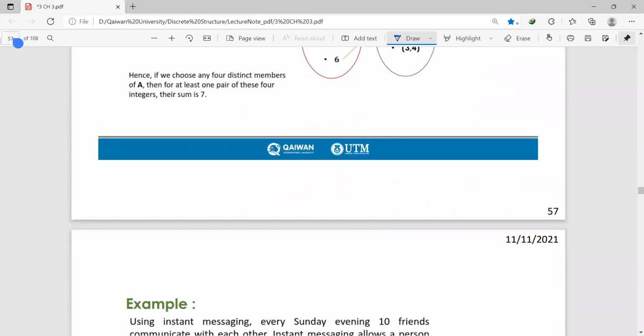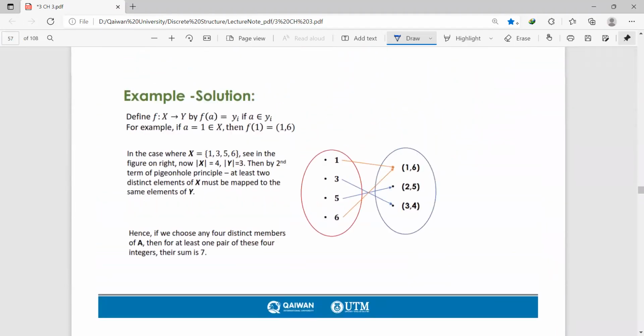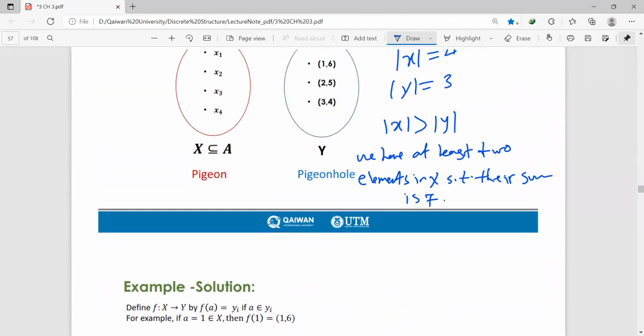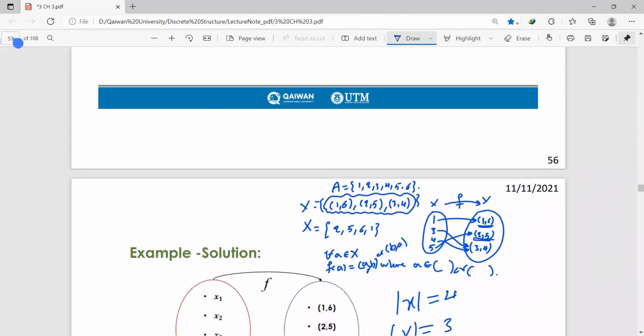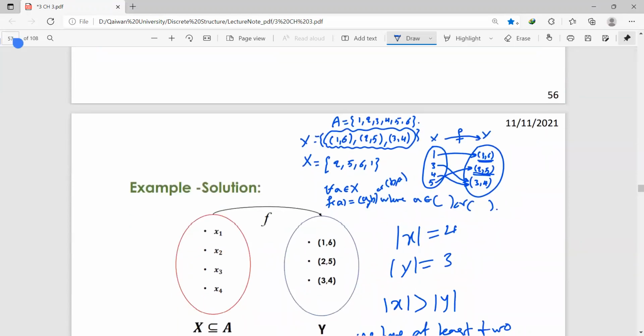It's easy. Do you get that? In this example, what we did, we first write down those pairs whose sum is 7, and we name it Y. And then if we pick any 4 elements from X, we can define a function from X to Y such that f of each element of X is the pair in Y which the element is in. That's all.